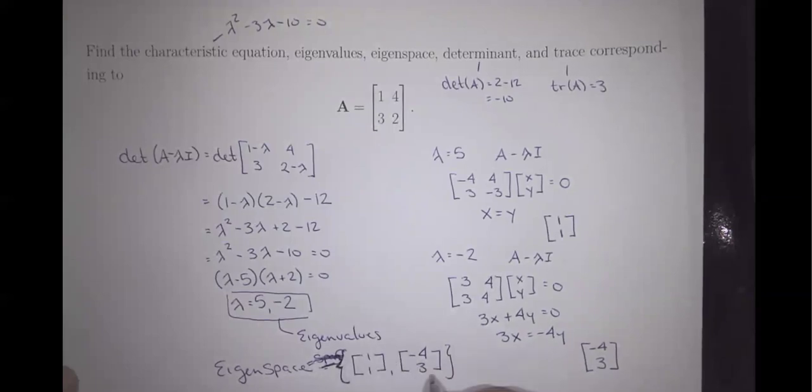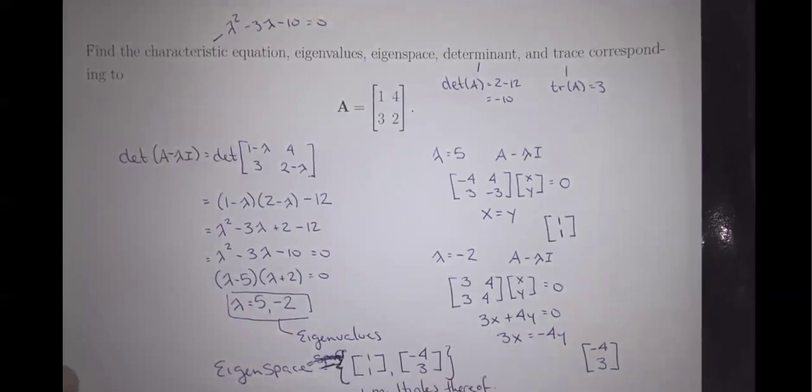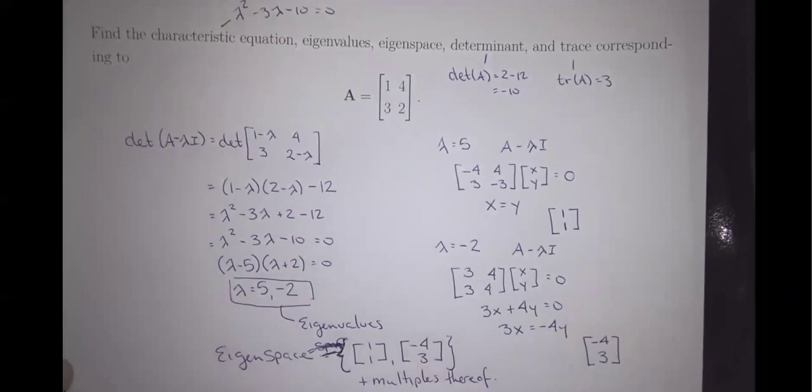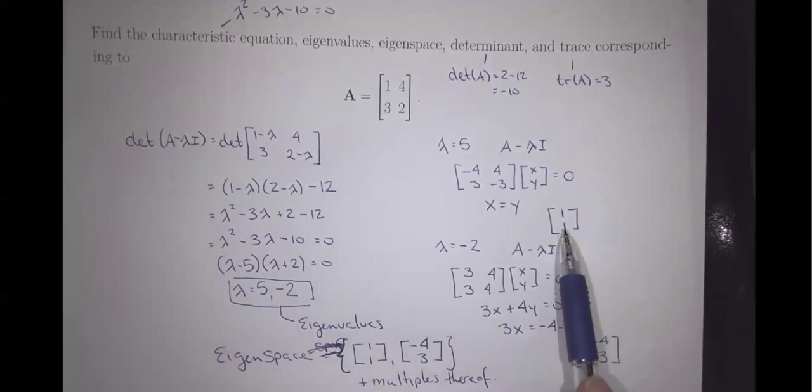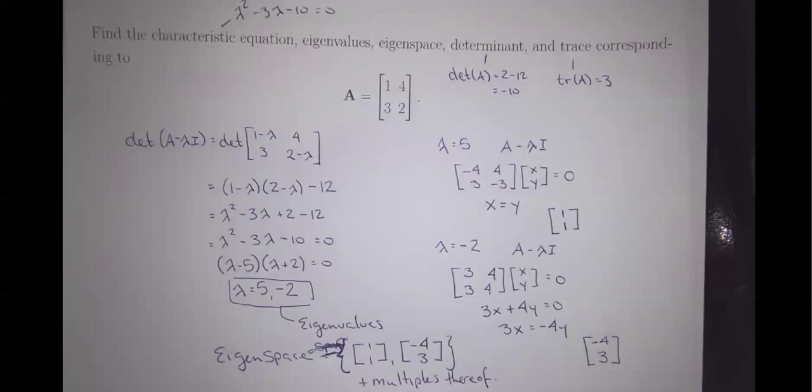So it's these vectors and multiples thereof. Okay, so the eigenspace consists of vectors 1, 1, negative 4, 3, and any scalar multiple of those two vectors.